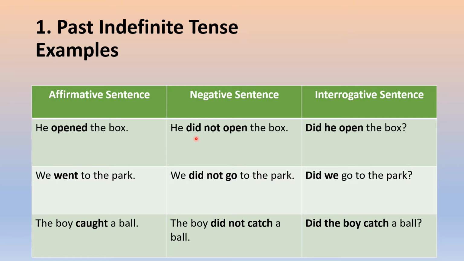You can see that did not has been added as this is a negative sentence. And after did not, I have written the first form of verb. Remember this point that in negative and interrogative sentences of past indefinite tense, we always put first form of verb. Did he open the box is the interrogative form.